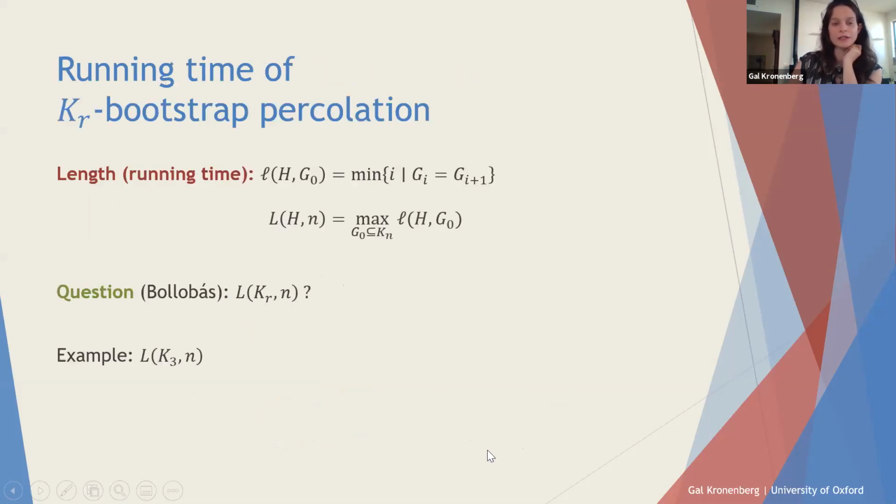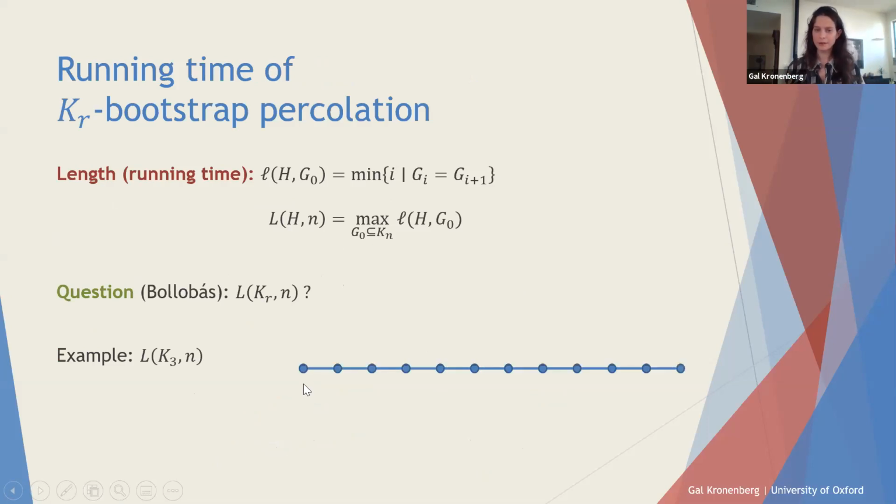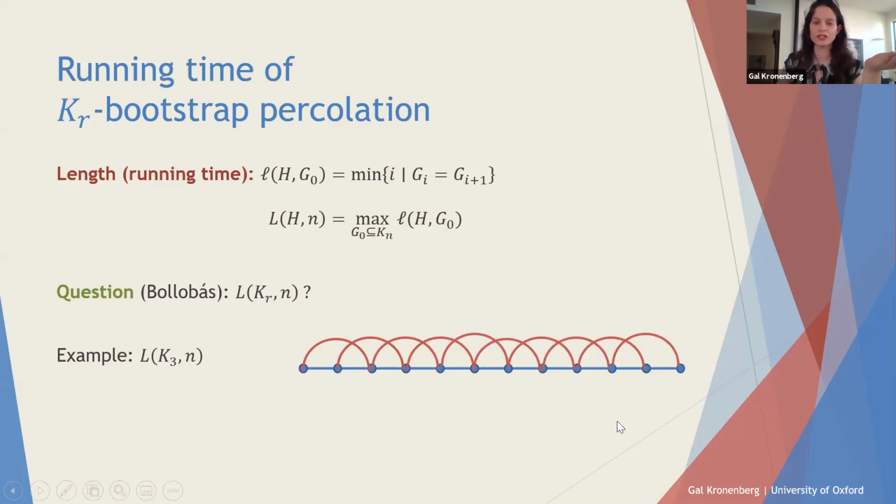So let's see an example with K3, of course. If we think about a spanning path, how long will it take us to infect everything? In the first step, we can infect all of these edges of distance 2. In the second step, we can infect edges of distance 3 and also edges of distance 4, because we have red, blue, and red, red.